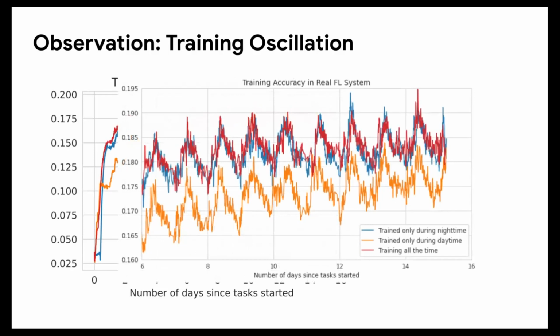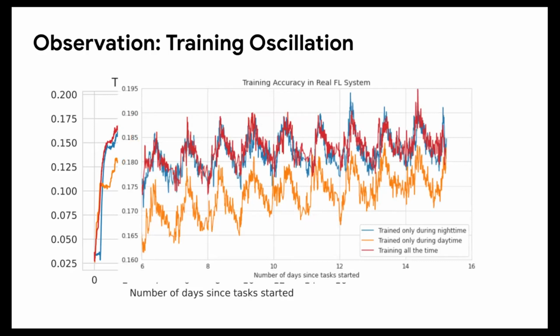Here, we actually trained 3 curves. One is the model trained on data from all times, the red curve. Another one is the blue curve, which is a model trained only during nighttime. And the orange curve is a model trained during daytime. You can see that we have oscillation in all 3 curves. Another observation is that there's a gap between the performance of the model trained during nighttime and daytime.